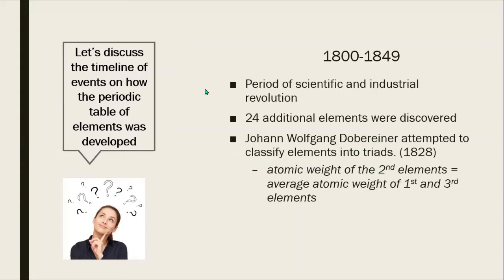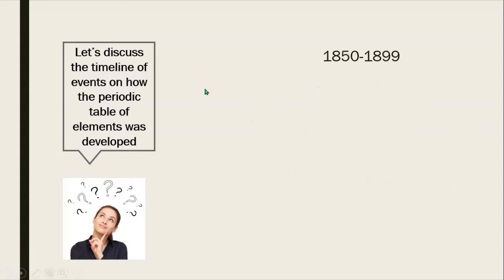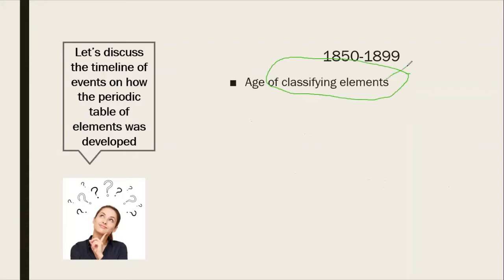Okay, so next. Next to its timeline was 1850 to 1899. So this is actually the era or the age of classifying elements. Ibig sabihin, pag sinabi natin classifying elements, there were additional elements that were discovered. And at the same time, since kinaklasify na natin yung elements na ito, dito na nagsimula yung pag-introduce ng tinatawag nating periodic table.